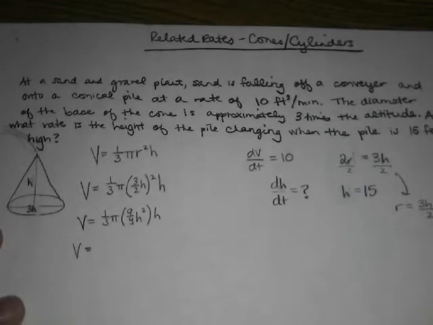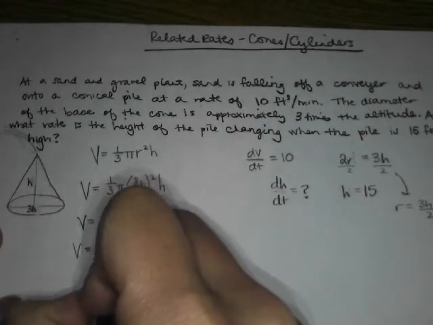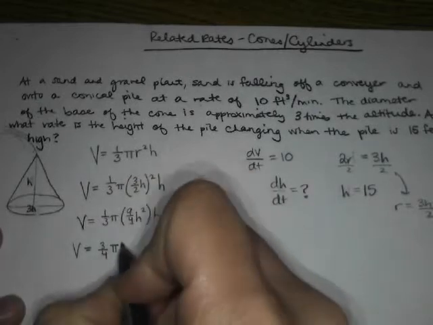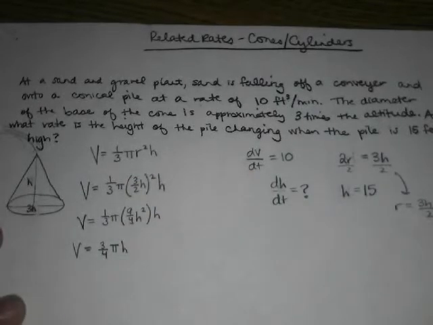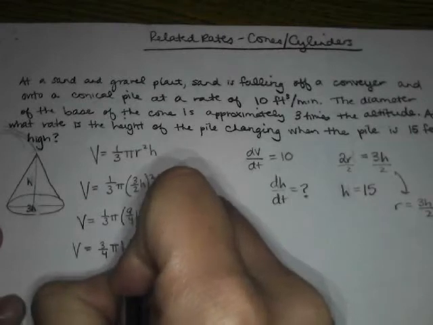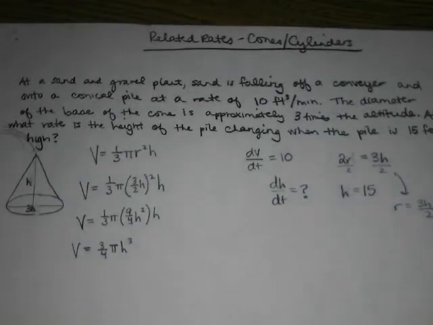And 9/12 reduces to 3/4. I have a pi, and I have H to what power? Third. Good. So I haven't differentiated anything yet. I've just gotten rid of the fact that I had too many variables in there. You want fewer, and you want to cater to the rates of change that you know or that you are actually looking for. So now I can differentiate.